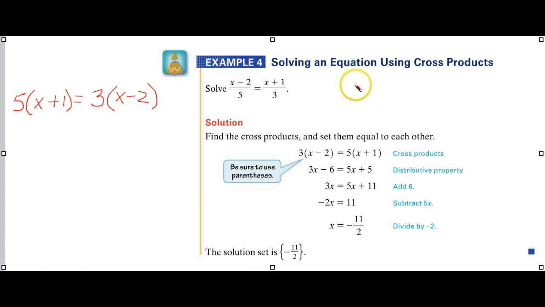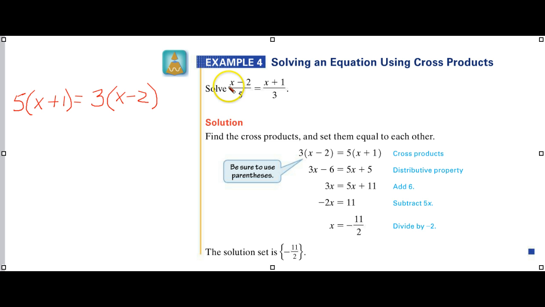Now, as I mentioned, we skipped that basic section on solving equations. So we're going to give you a model to follow. This is a fraction on one side equals a fraction on the other. But we're going to practice this cross multiplication technique.